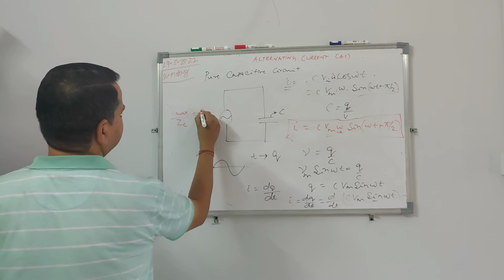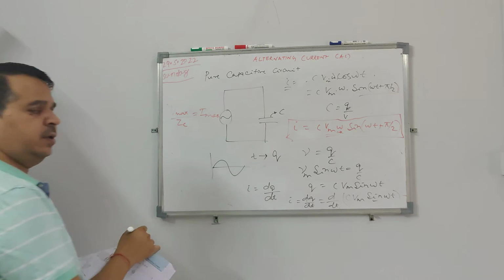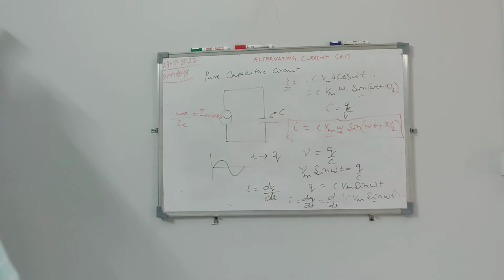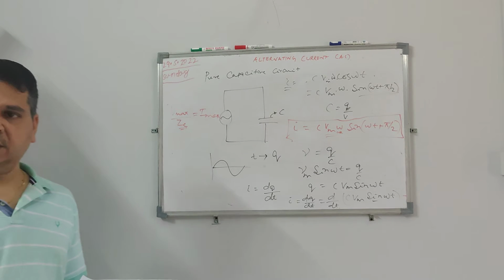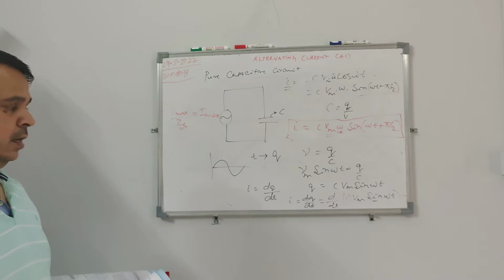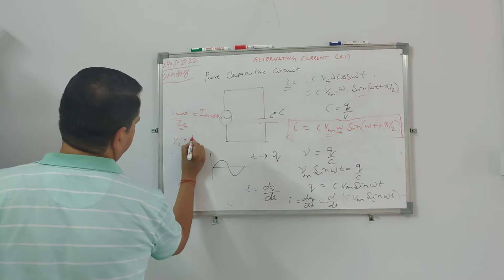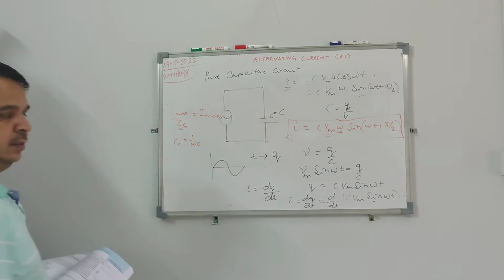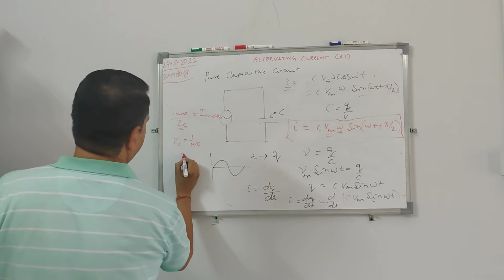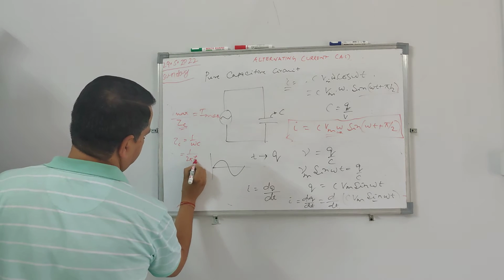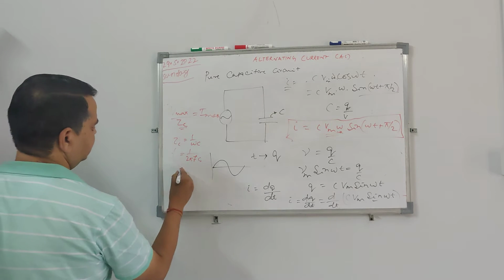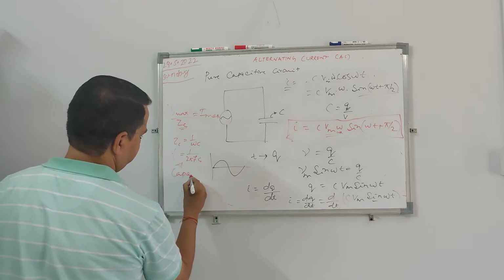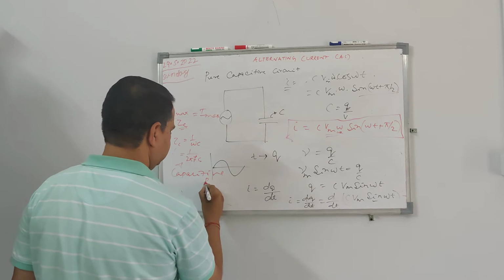And here what is your ZC? ZC is your capacitive reactance. Earlier we were studying inductive reactance. This ZC is equal to 1 by omega c, otherwise 1 by 2 pi fc. This term is called capacitive reactance.